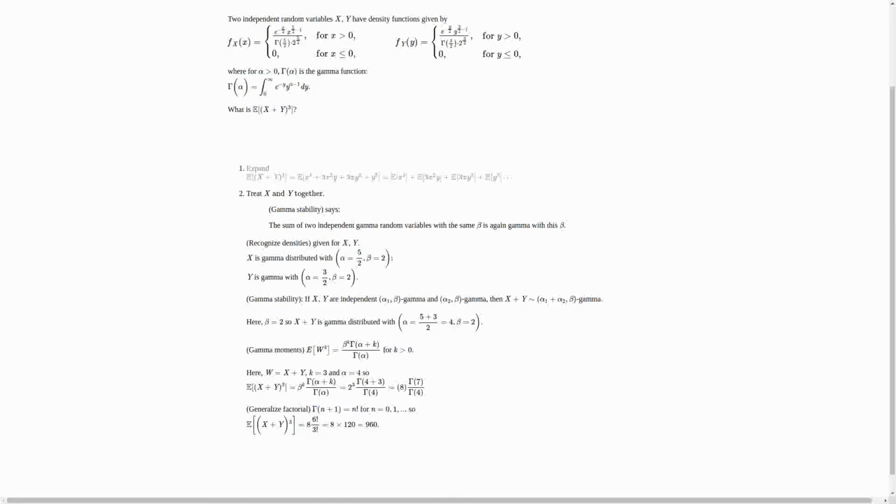So finally, we have the expected value of x plus y cubed is equal to 8 times 6 factorial, because gamma of 7 is 6 factorial, over 3 factorial, because gamma of 4 is 3 factorial. 6 factorial over 3 factorial is 6 times 5 times 4, which is 120. So we have 8 times 120, which is 960.